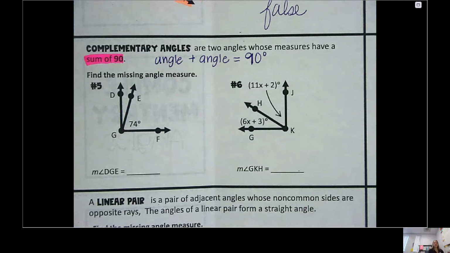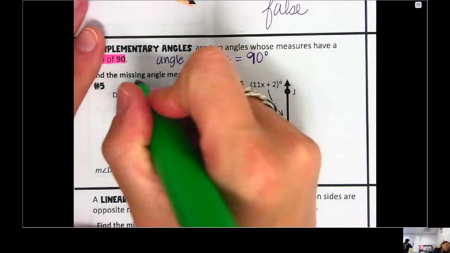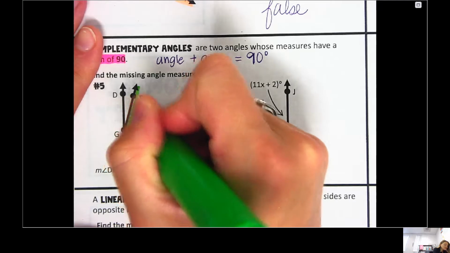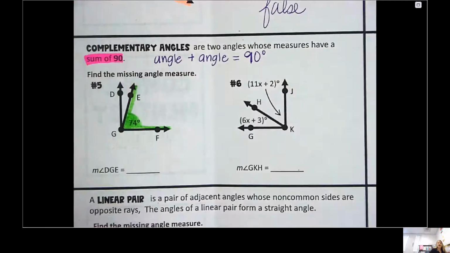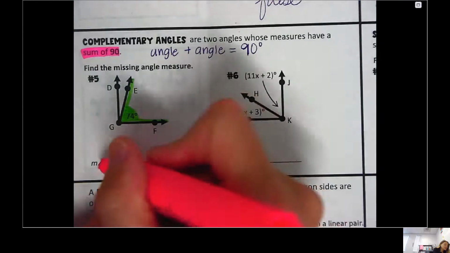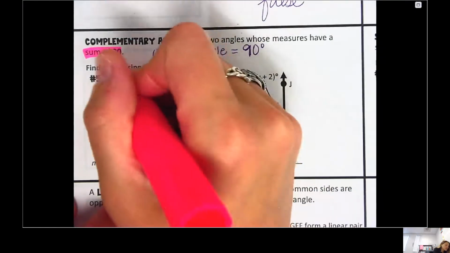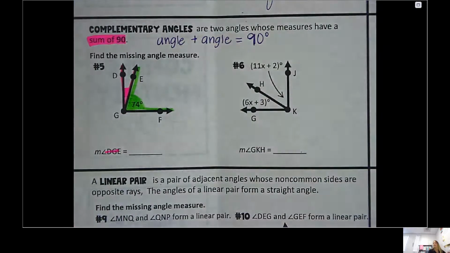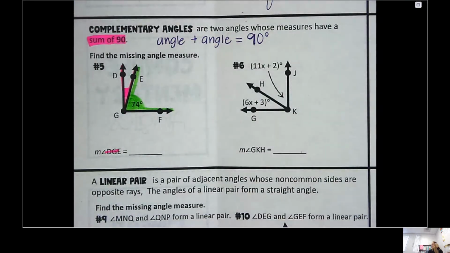So take a look at number 5. I give you this angle right here on the right, EGF, is 74 degrees. And I want to know angle DGE, which is right here in pink. So how am I going to figure that out? What do you think? Chelsea, what do you think? Why?